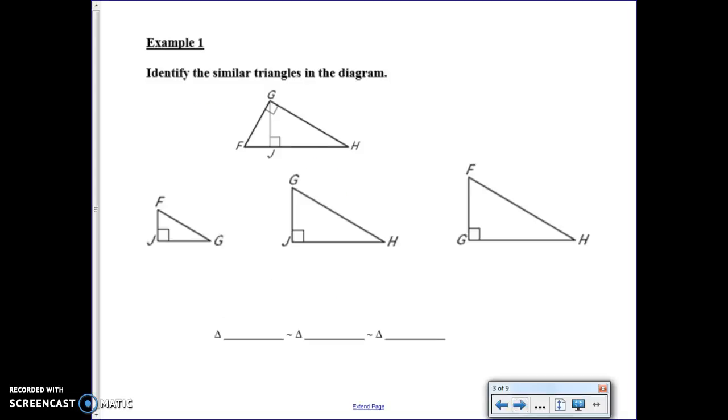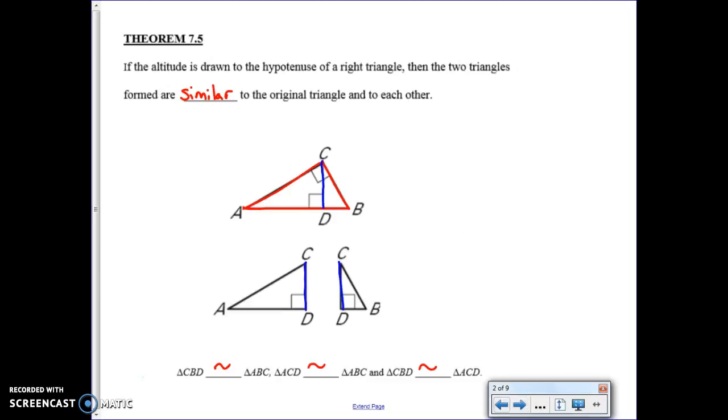So one way to identify the similar triangles is to flip them around, make them look like they're facing the same direction. If we go back to this original example, if I look at the big triangle, this is my short side, this is my long side, and this is my hypotenuse.